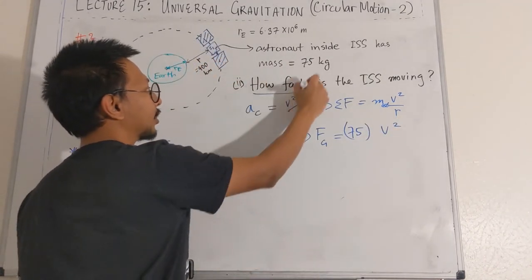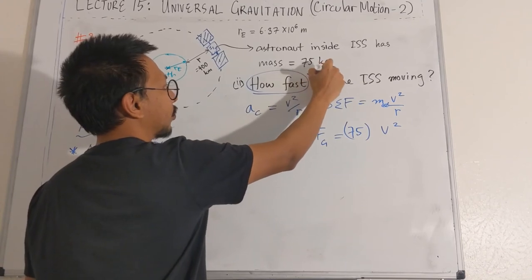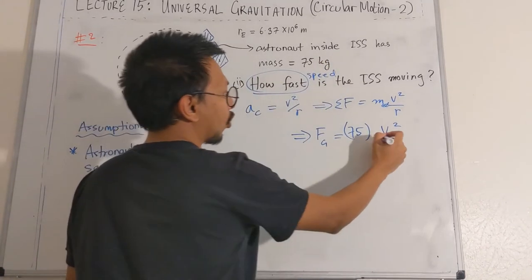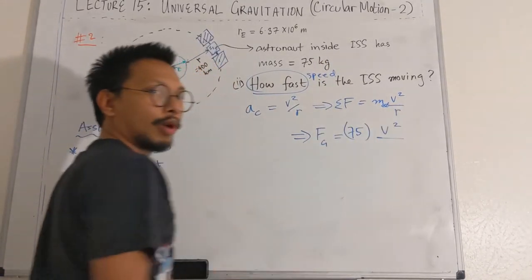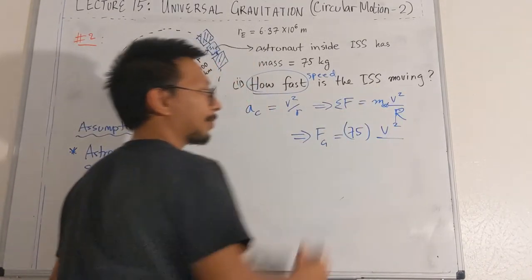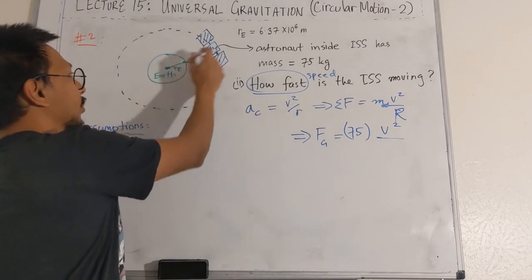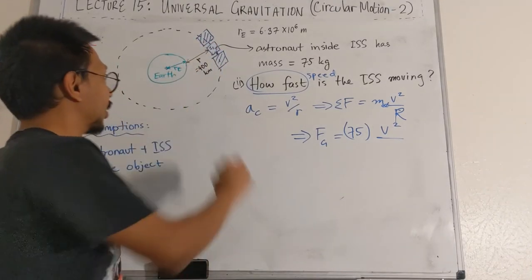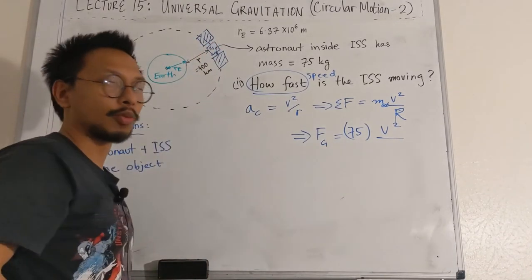times v squared. Remember, how fast means we are looking for speed, which is v, over r. Now, what is this r? Again, this is actually capital R, the center to center distance between the Earth and the ISS. Why?